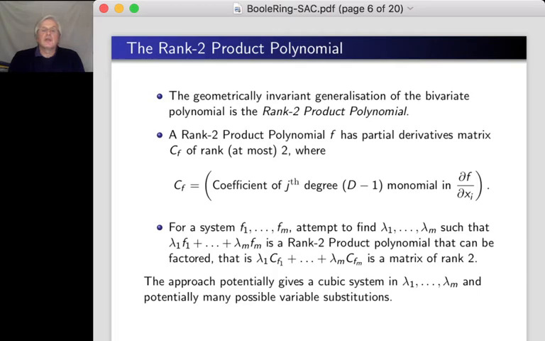We just put the coefficient of the jth degree d minus 1 monomial in the formal partial derivative df by dxi. So each row corresponds to a partial derivative df by dxi, and each column corresponds to a degree d minus 1 monomial.